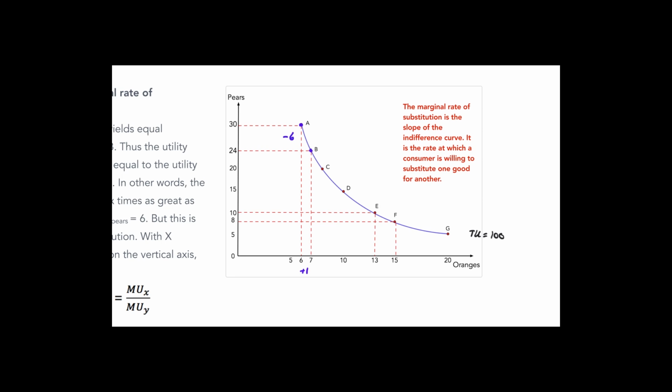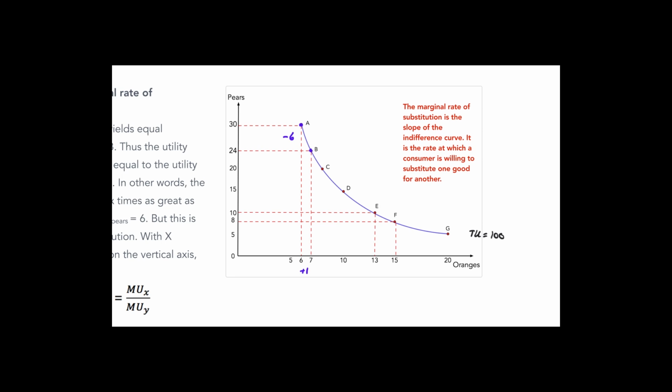Has my total utility changed? No. No, the total utility remained the same. Okay. Can I, in other words, say that the satisfaction of one orange is equal to 6 pears? Yes. Of one orange, it's 6 times greater than of the pear. Yes.